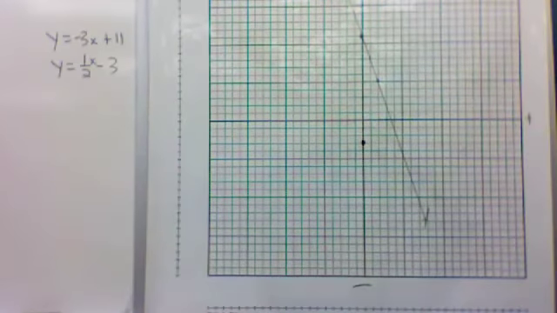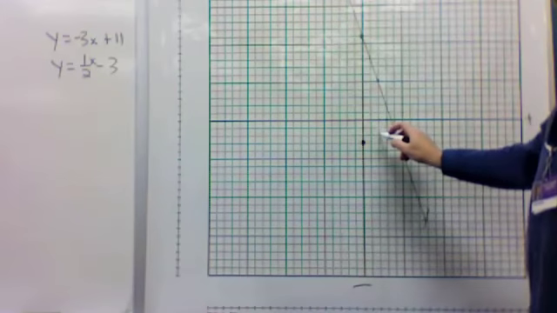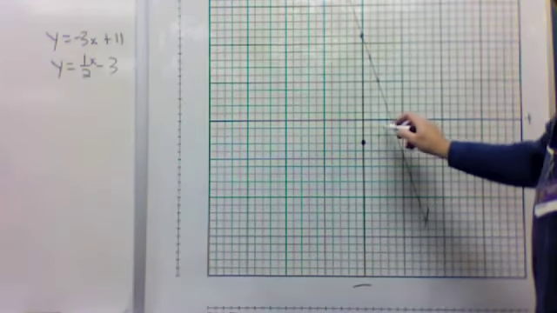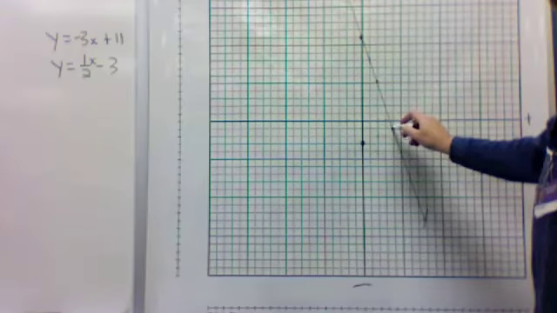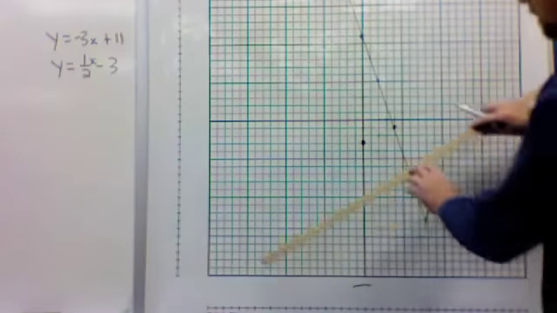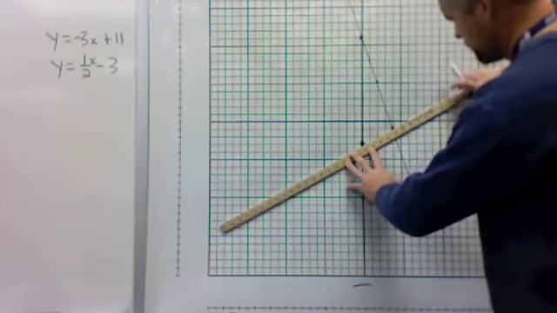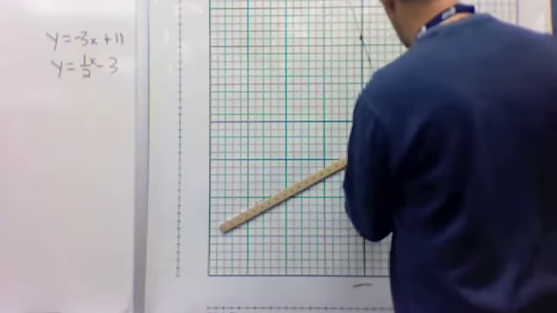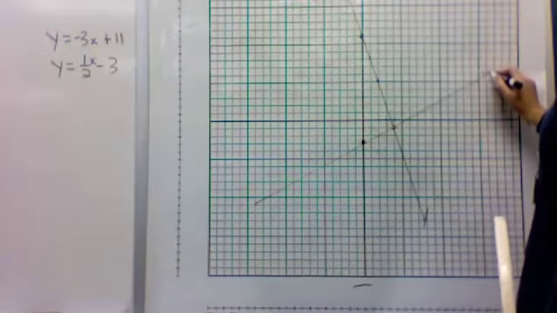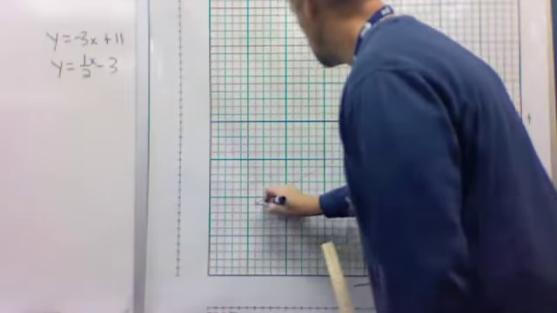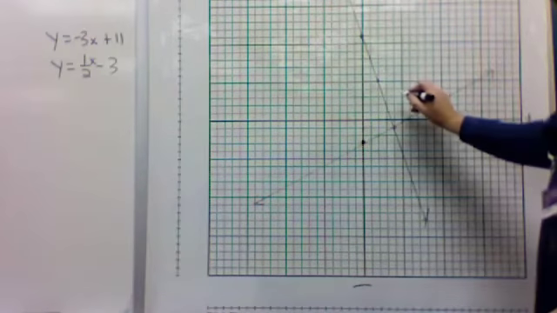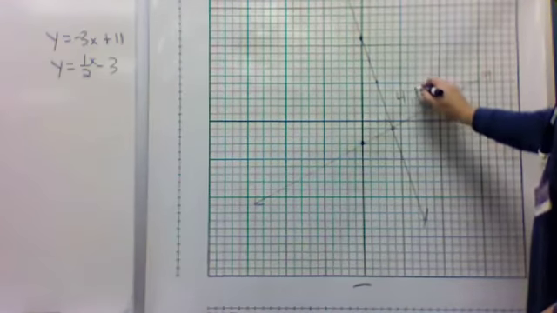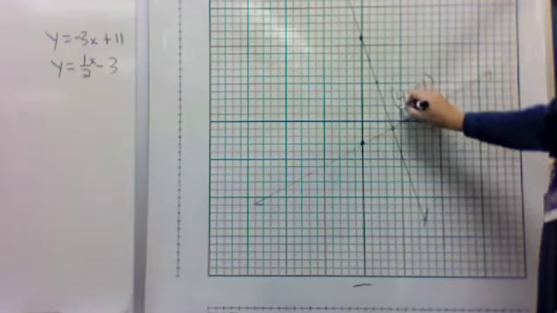Our slope is 1 over 2, so we go up 1 over 2, up 1 over 2, and then graph the second line and find out where they cross. They cross at (4, -1). So that's what we think is our solution.